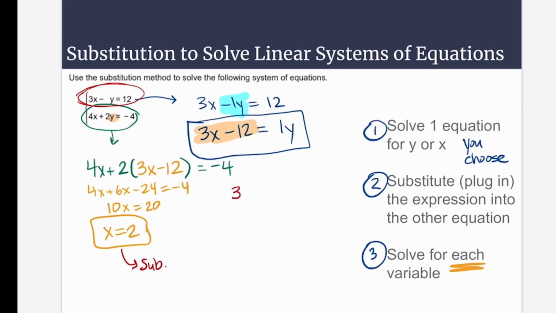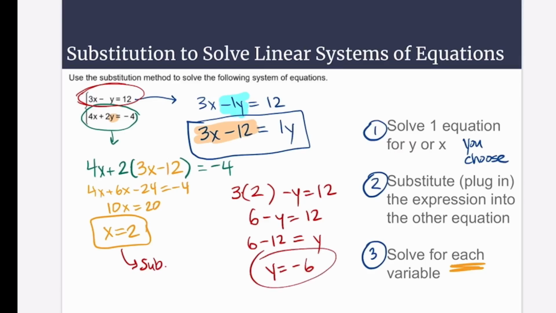So it's 3 times x minus y equals 12. I know x is 2 now, so I can plug 2 into there, because that's going to work for both. It's going to give me the same answer. 6 minus y equals 12. If I add the y to the right side, I subtract the 12 to the left side, y is negative 6.